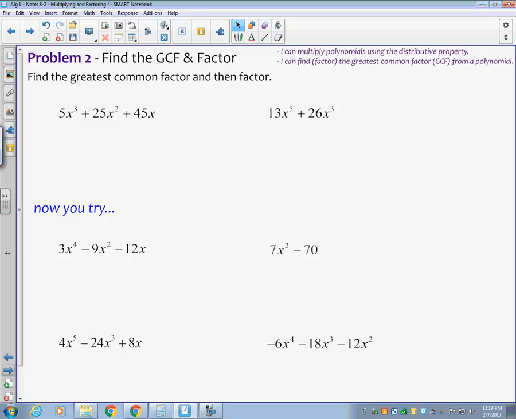Okay, so let's do the second scenario: find the greatest common factor, and then factor. I'm going to split these up into their primes with you. 5x cubed is 5 times x times x times x. 25 breaks up into 5 times 5.